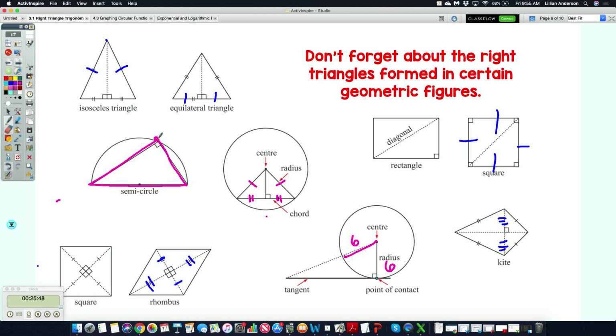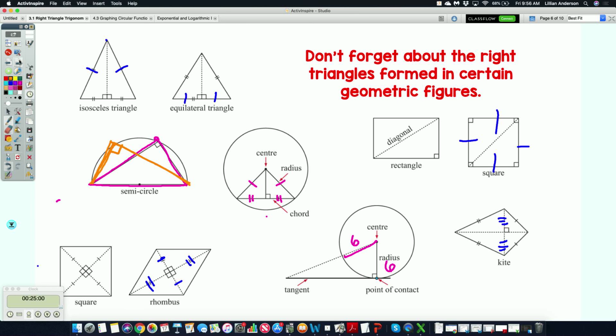It only works with the diameter, no other point. Okay? So no matter where that point is, it still creates a 90-degree angle, as long as the ends go to the diameter.